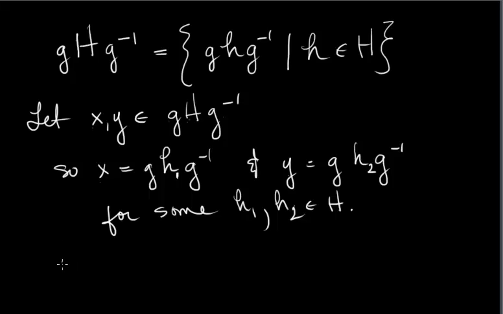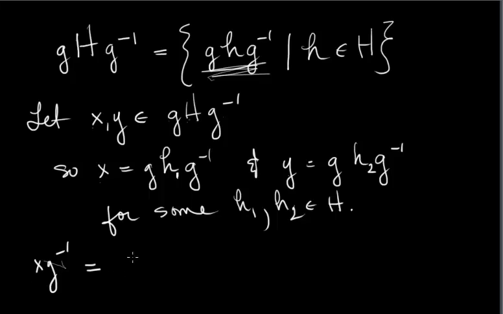If X and Y live in the conjugate subgroup, then X and Y are conjugates of some elements of H. Well, we want to show that XY inverse is a conjugate of some element of H, satisfying the membership rule here. So let's just take XY inverse and start with it.